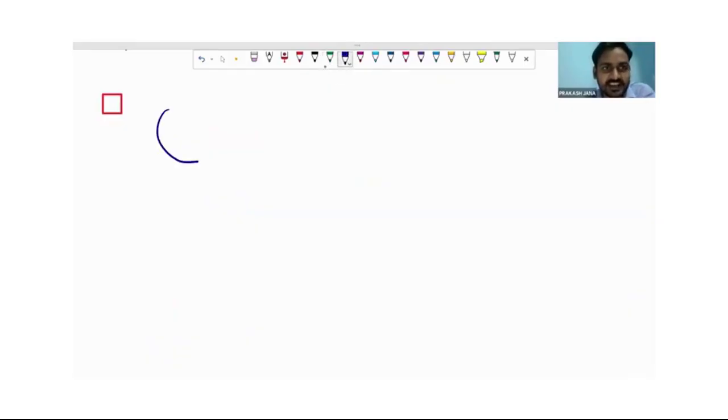Suppose this is a current carrying conductor and it is a circle. The current that is flowing through this circuit is I, and this is the center of the circular coil.